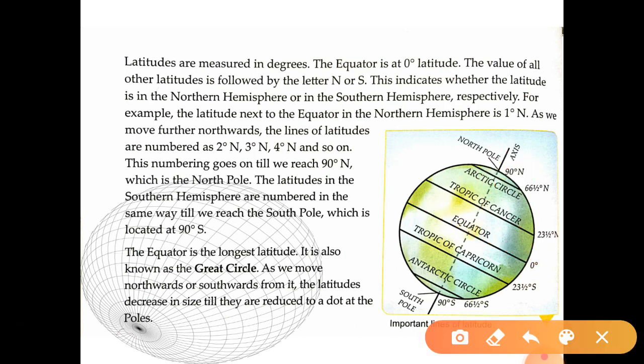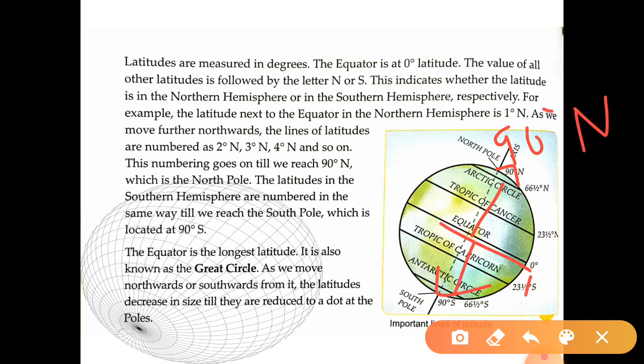The latitudes in the southern hemisphere are numbered in the same way till we reach the South Pole, located at 90 degrees south.